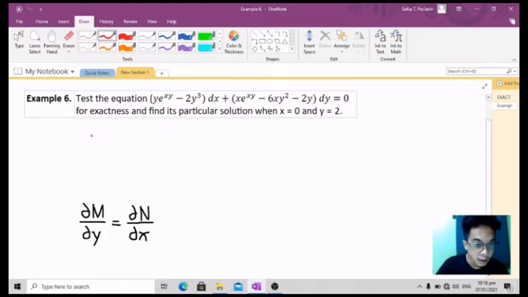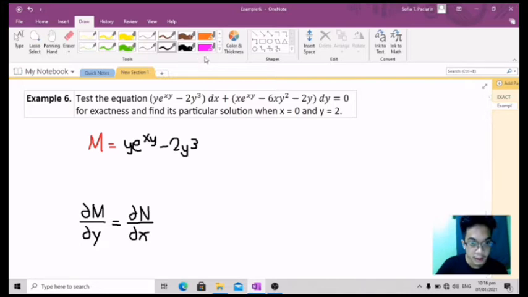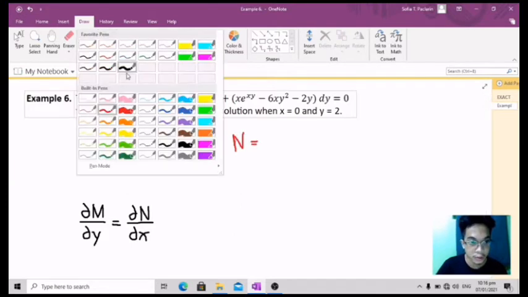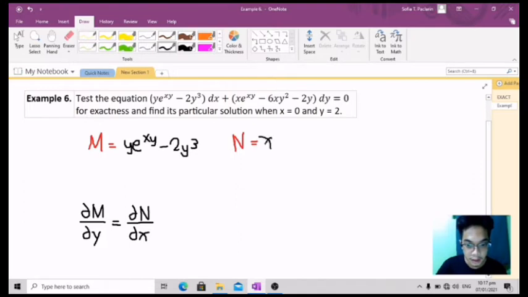M is ye raised to xy minus 2y cubed, and N is equal to xe raised to xy minus 6xy squared minus 2y.